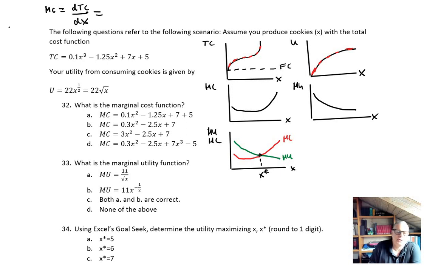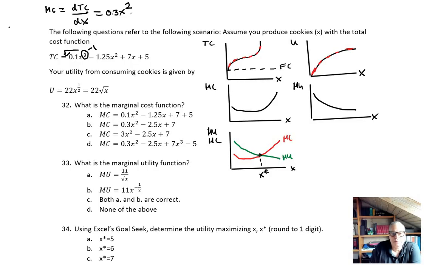Okay, so let's do that. Let's take the derivative. So as you know, we start with the exponent that goes in front. So now we have 3 times 0.1, which is 0.3 times x. But then in the next step we have to subtract 1 from the exponent 3. So we are left with x squared.